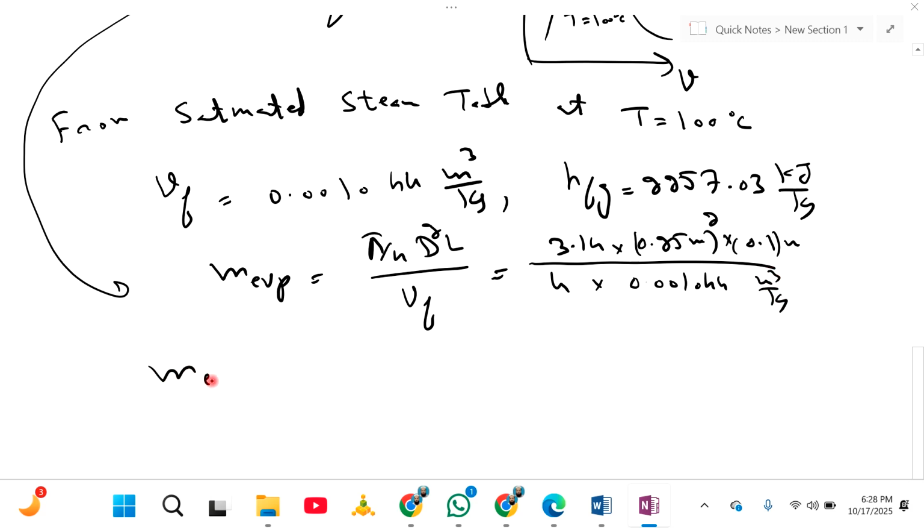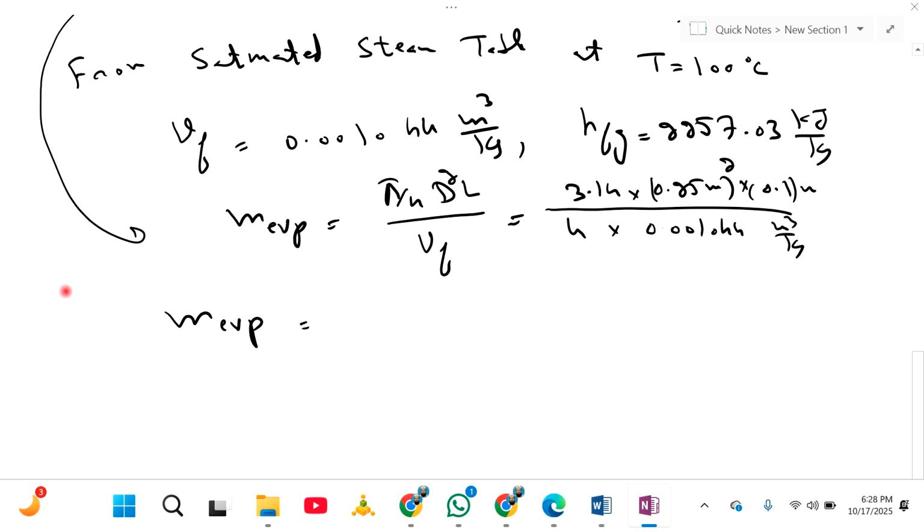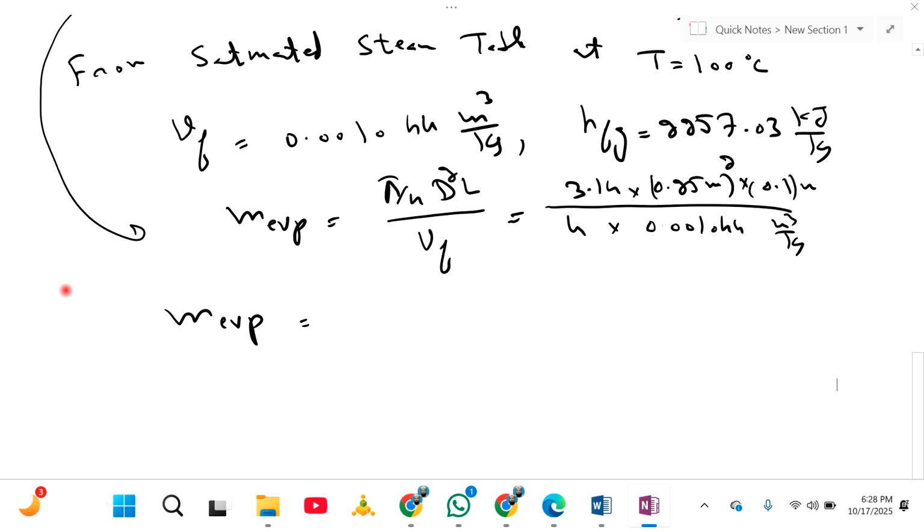So mass of evaporation is equal to, this is meter square and this is meter, so meter cube will cancel with meter cube, and with the double division, kilogram will be in the numerator. Simplifying this value, mass of evaporation will be equal to 4.7 kg.